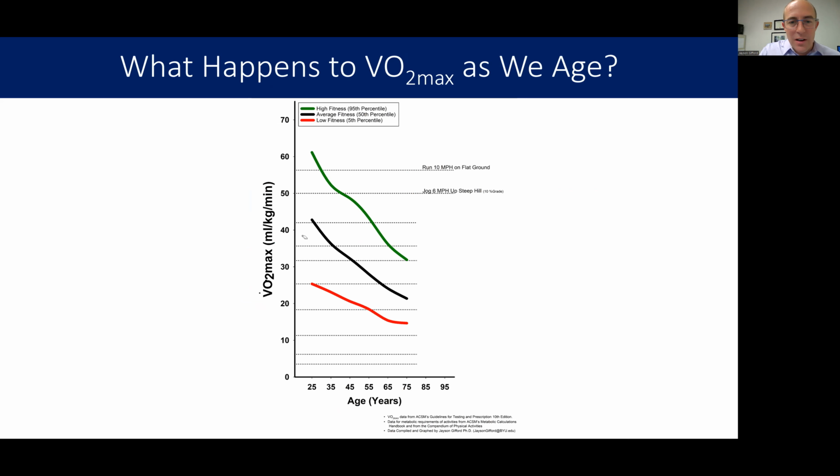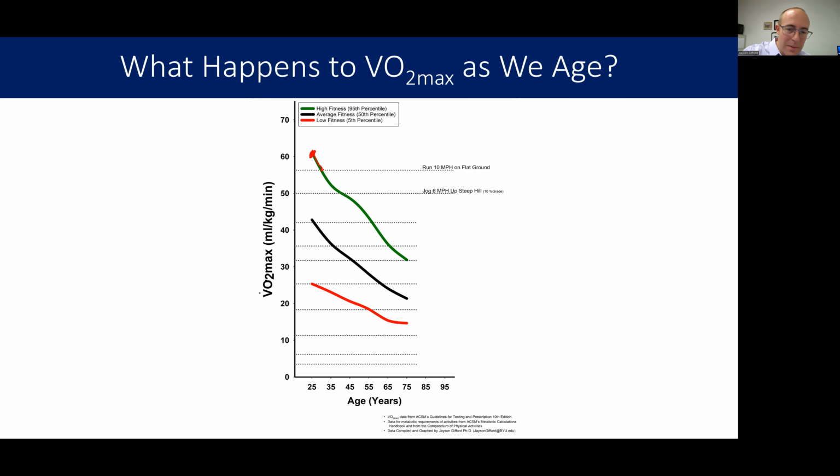So for this, your average 25-year-old, that's not going to be sustainable. They can't do it. They might be able to hit that speed temporarily, but not for long. Now, if you look at your super fit people, that's going to be no problem when they're 25. They'll be able to run 10 miles per hour on flat ground when they're 25, 35 or so.